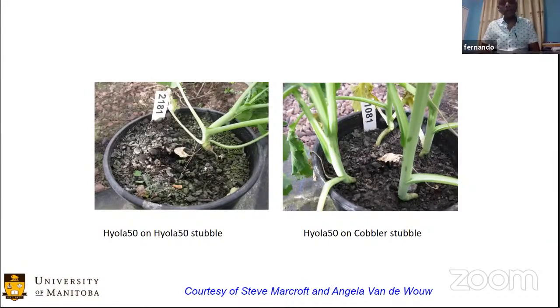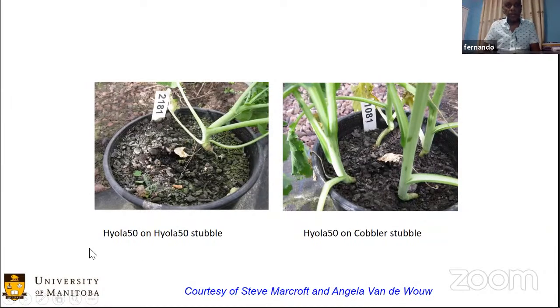Some of the work has also been done in Australia, and we took cues from Australia. They have shown that if you grow a canola variety on the infected stubble of the same variety, in other words the same virulent form, you get a lot of disease.